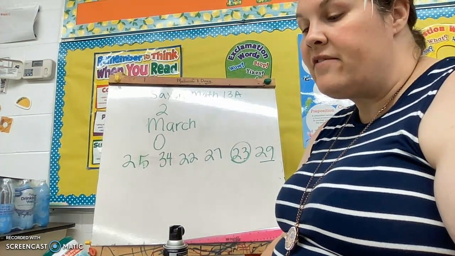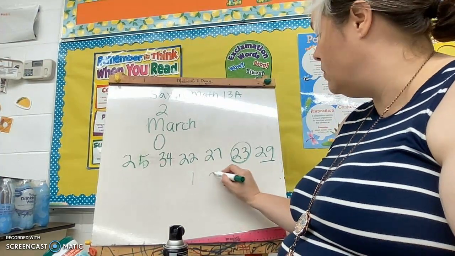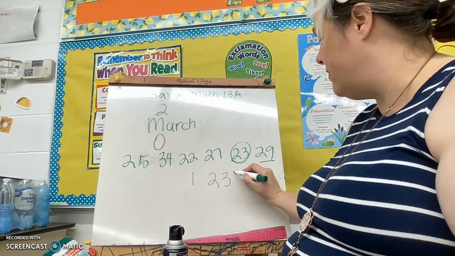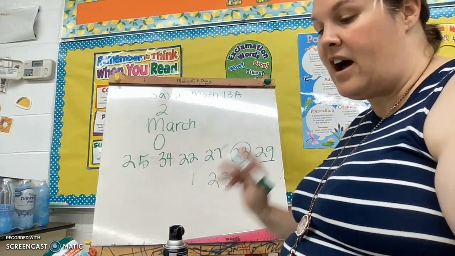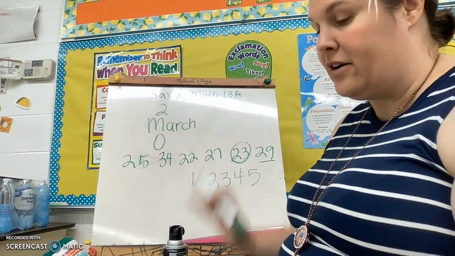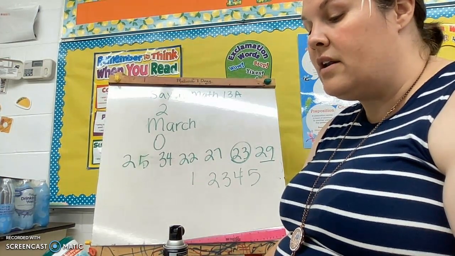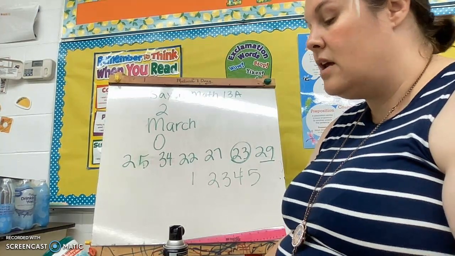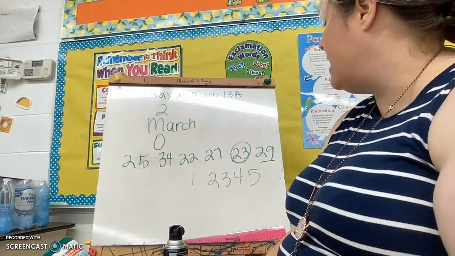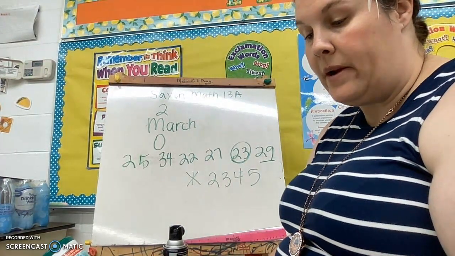Okay, then they've got some teddy bears. And I'm not going to draw teddy bears, but I'm going to do 1, 2, 3, 4, 5. Because they've got 5 teddy bears, okay? So pretend in your mind like my numbers that I wrote here are teddy bears. So it says, it is not on the left. So I'm thinking, the left side, all the way to the left would be number 1. So I'm marking out number 1 there.